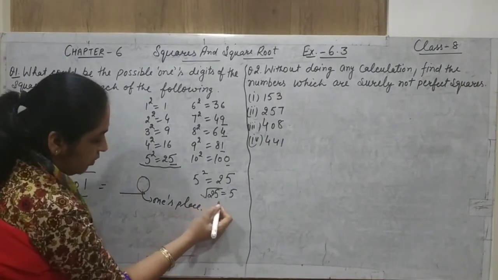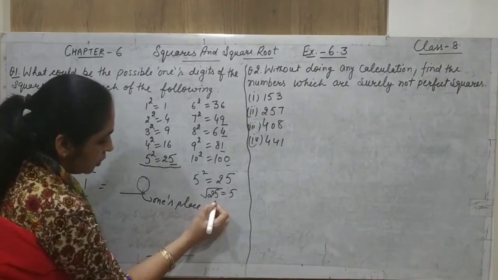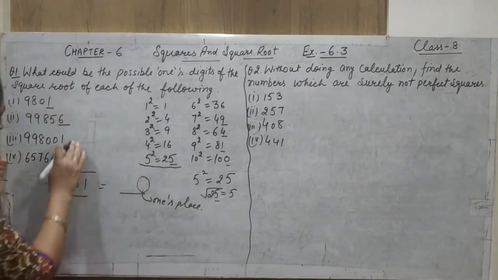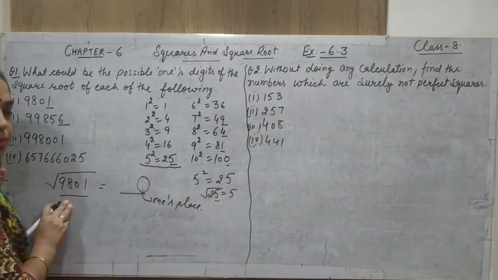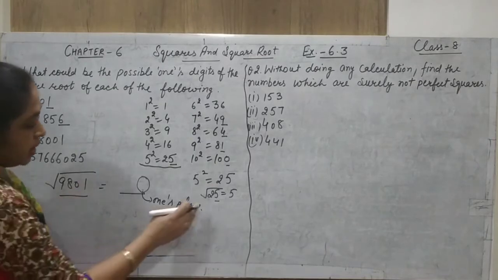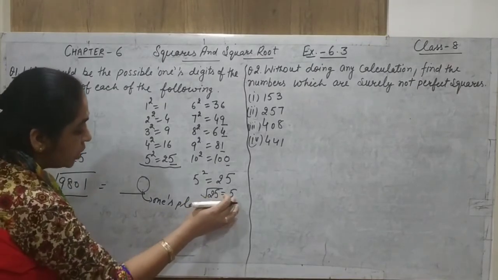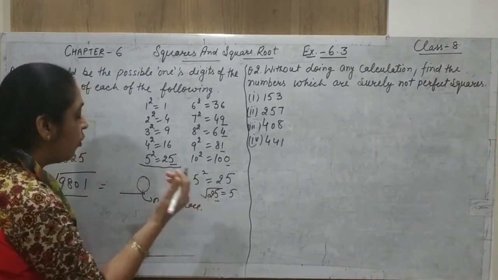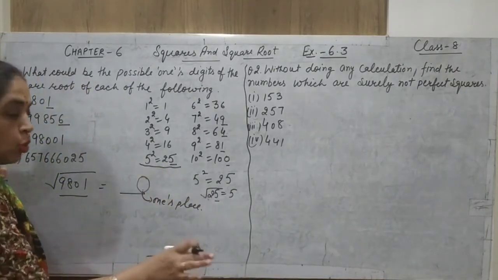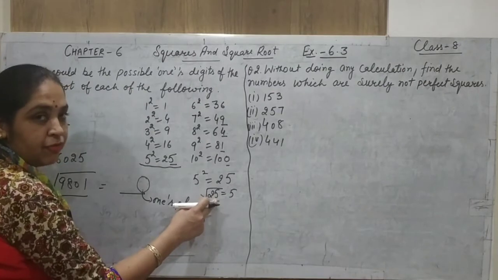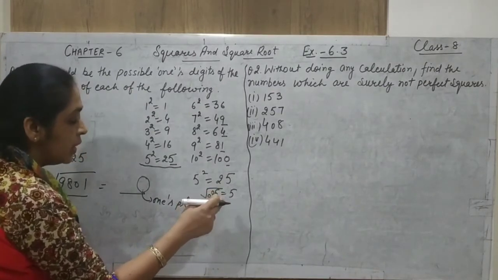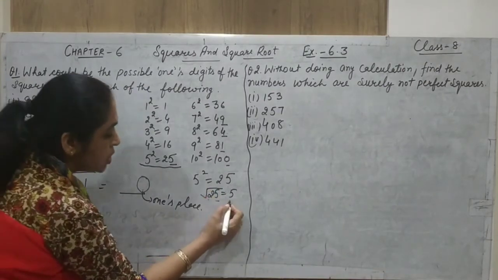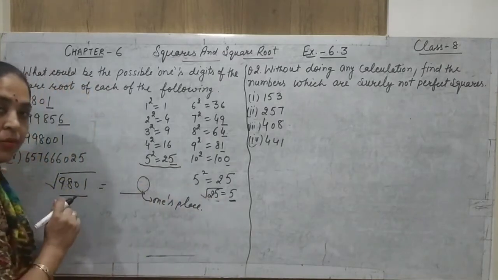Root of 25, in this question, finding out the root is not required. What is required? For the answer, what is the unit place? Now see, if we find out the root of any number whose unit place is filled by 5, in the answer the unit place also is always filled by 5.